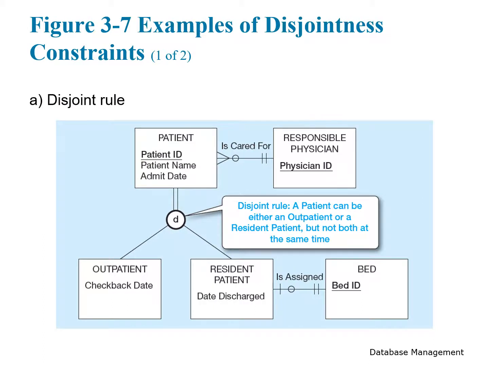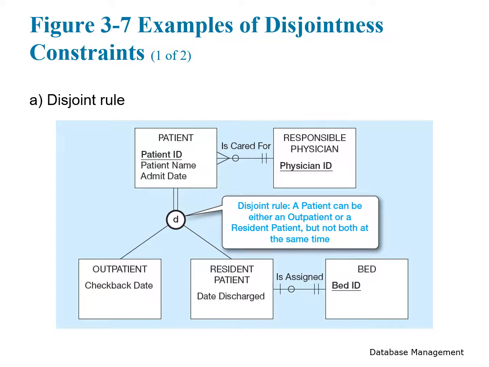Figure 3-7, example of disjoint constraint, disjoint rule. Also same slide. You can see the disjoint rule, D. A patient can be, total specialization and then disjoint rule, which means a patient can be either an outpatient or a resident patient, but not both at the same time.